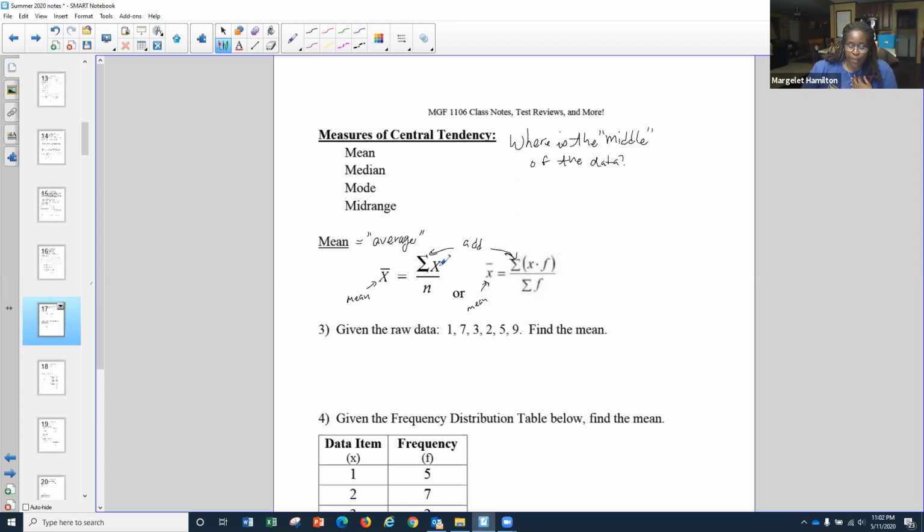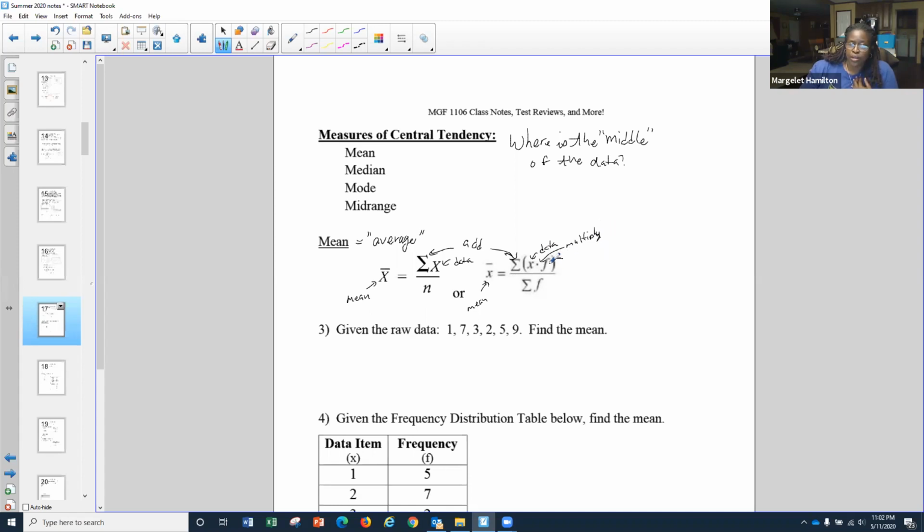We're going to add up the X's here. That's the data. Here we're going to add the data times, so there's a multiplication sign.